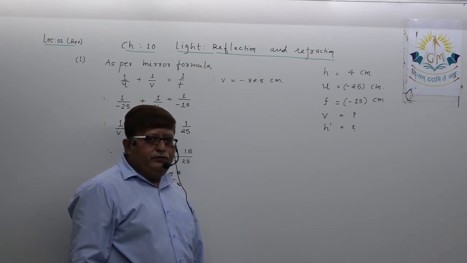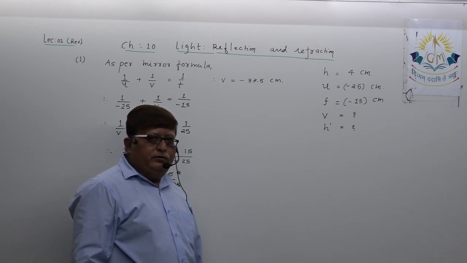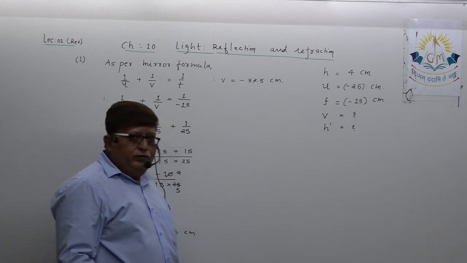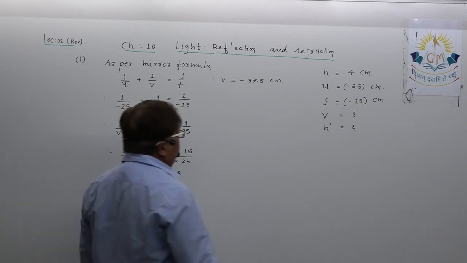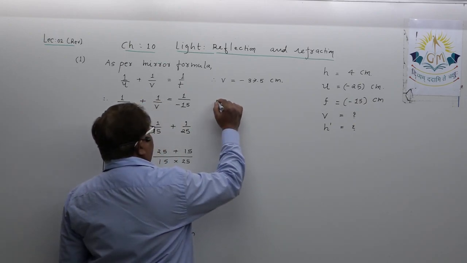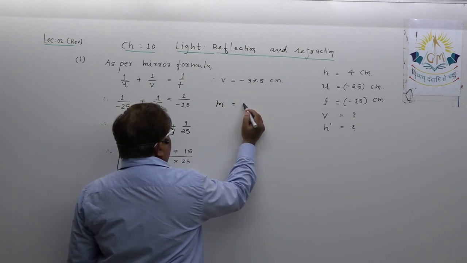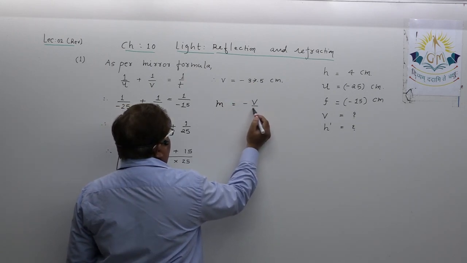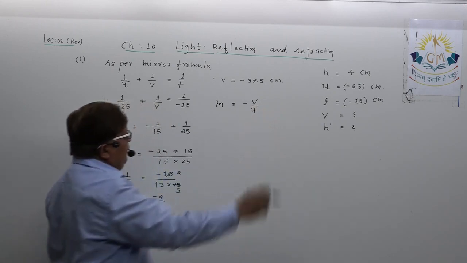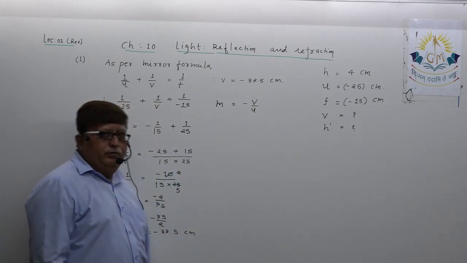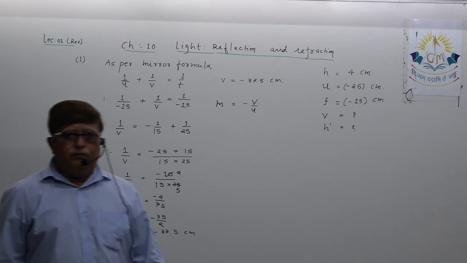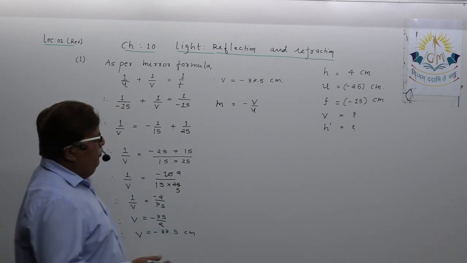Now it's a question of finding the image size, the height. For that purpose, you need to find the magnification. What is the formula of magnification? You remember: minus v upon u. This formula of magnification you know very well.